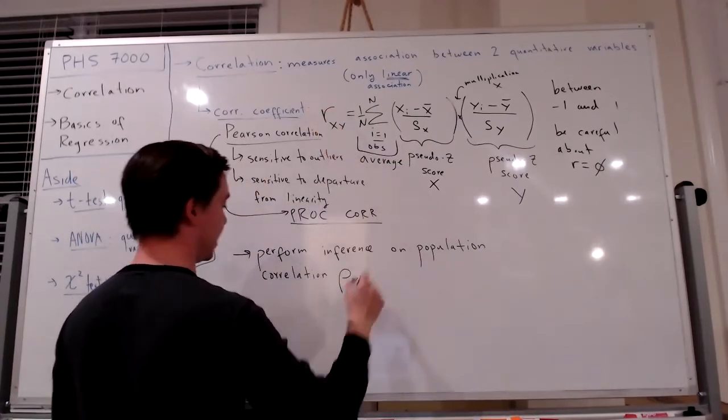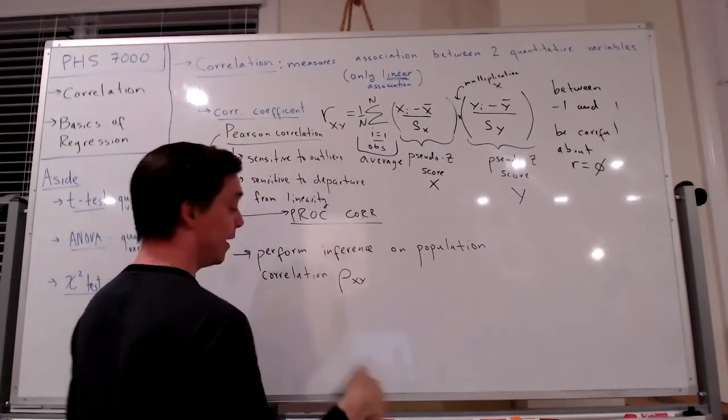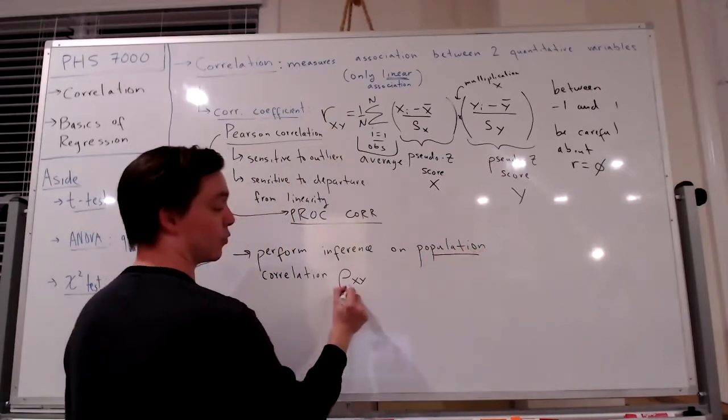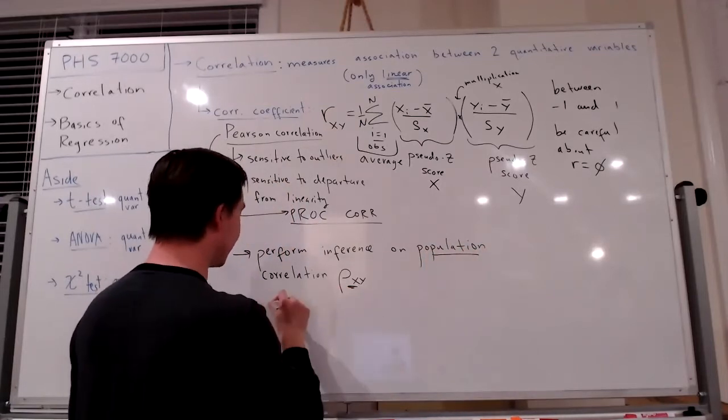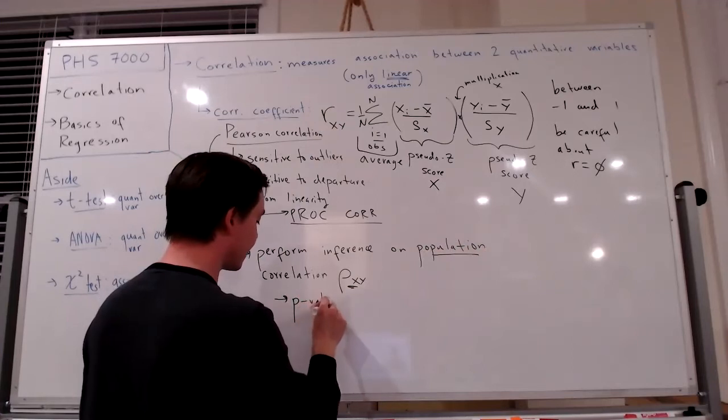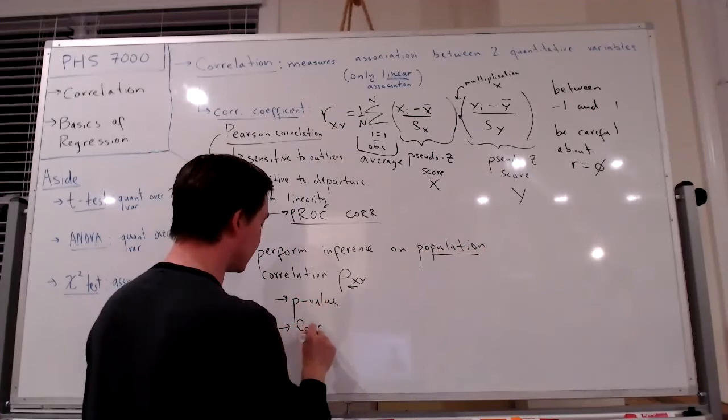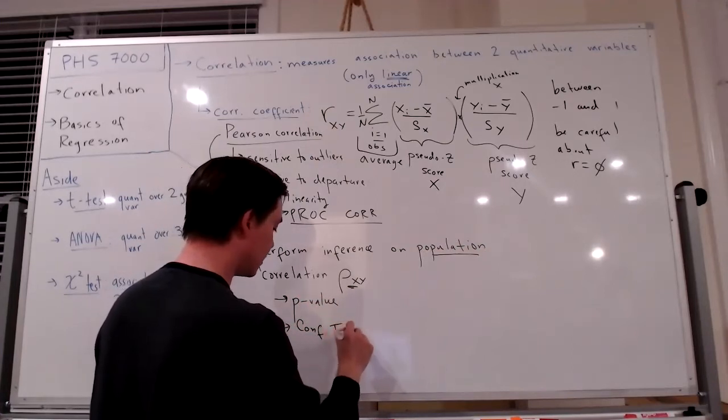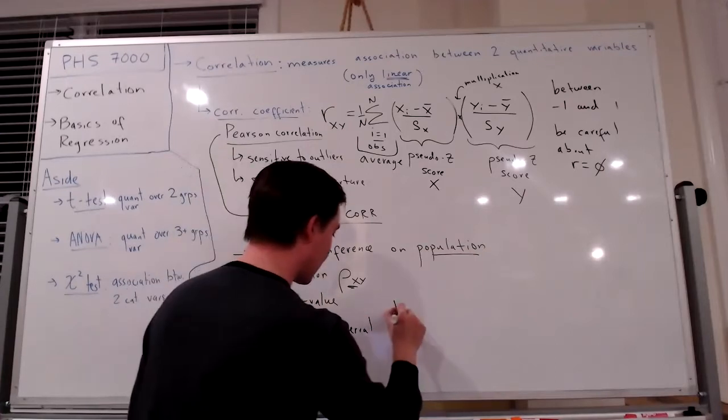So the sample correlation is r of xy. The population correlation is rho of xy. So this means that we can get a p-value, get a confidence interval, to test.